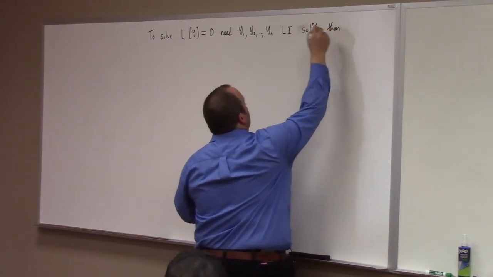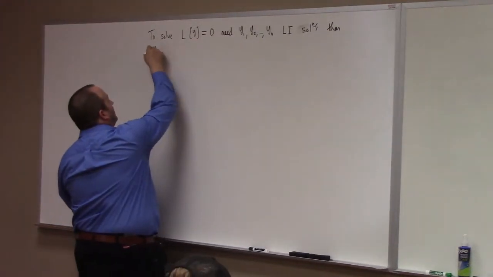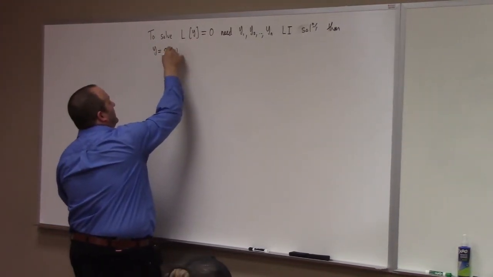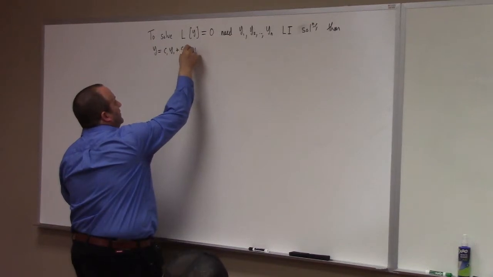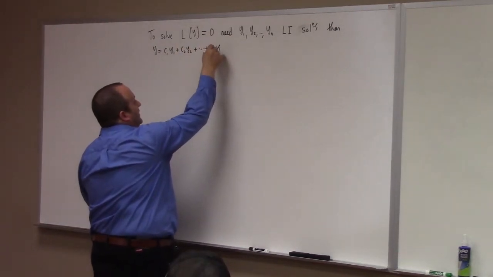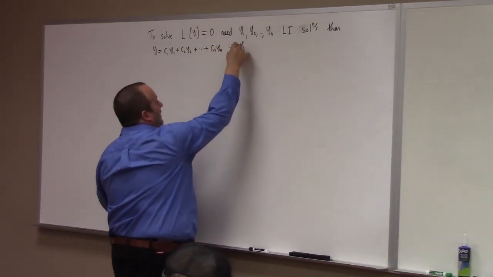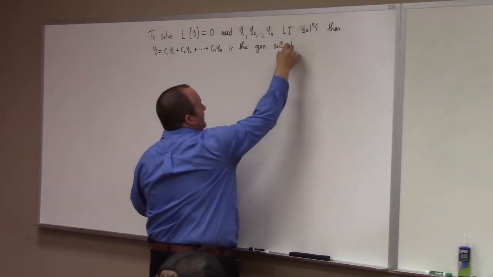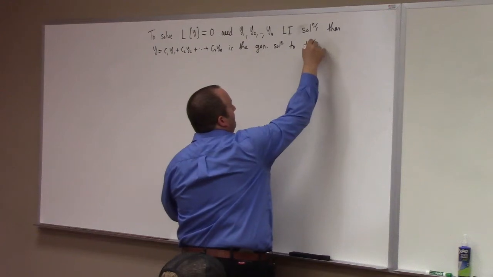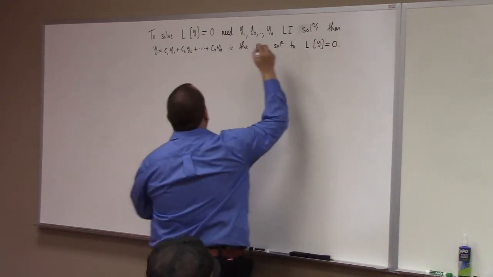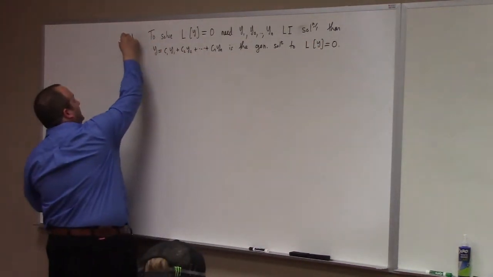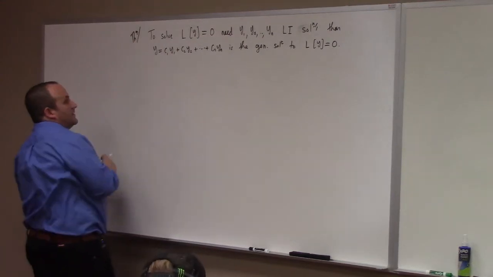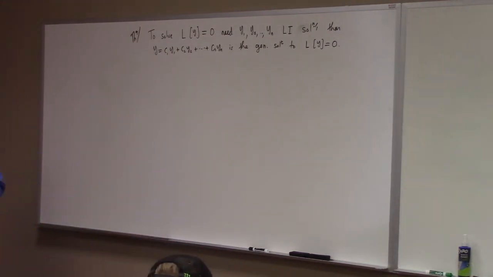Then y equal to c1 y1 plus c2 y2 plus ... plus cn yn is the general solution to the homogeneous problem, all right? So that was the theorem we got to, right? So the question is, how do we do that?